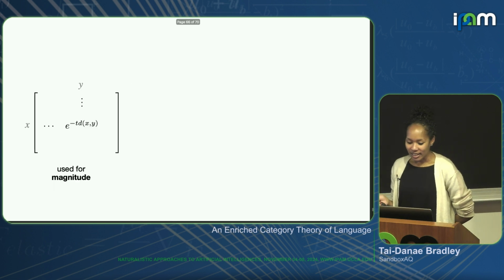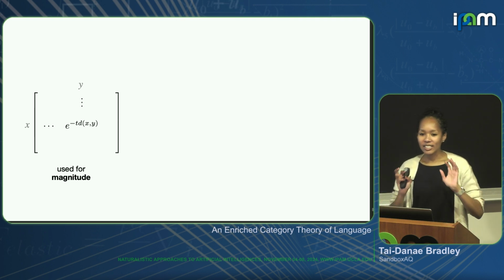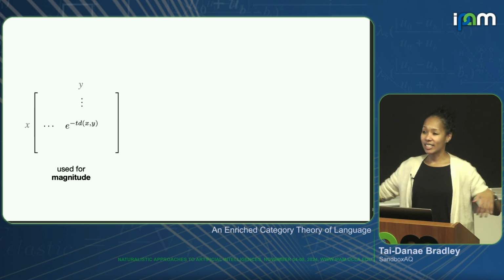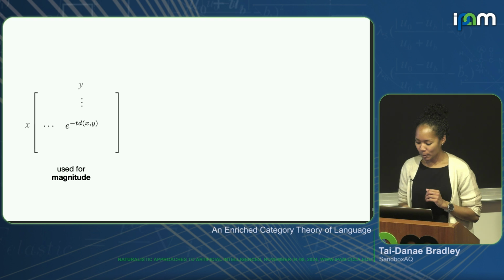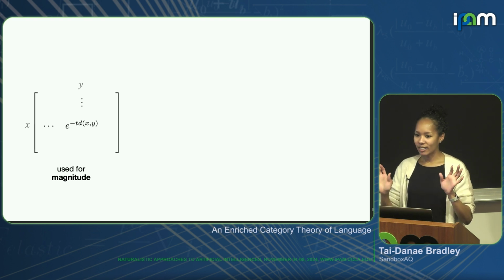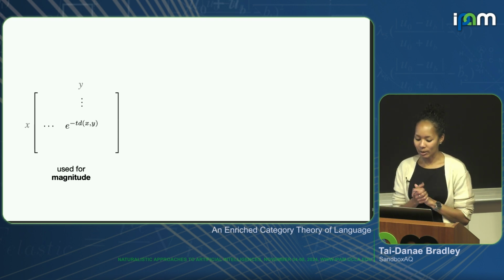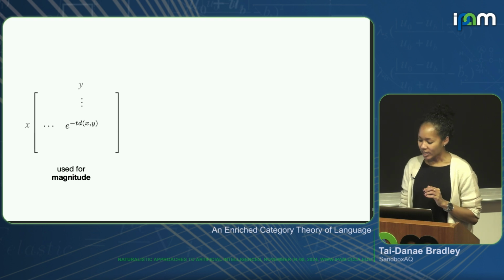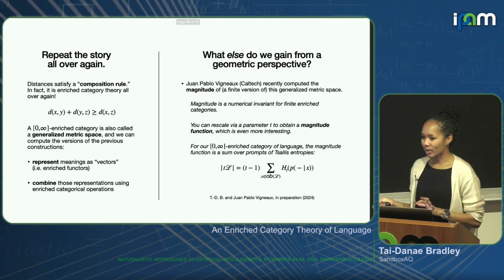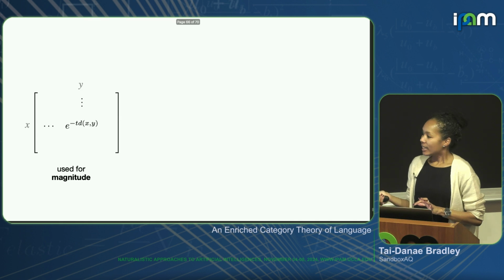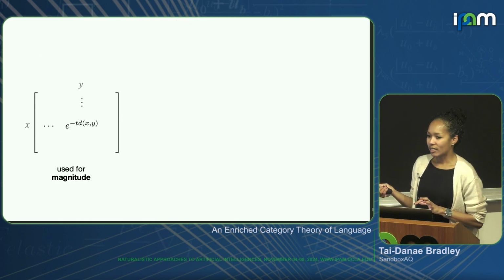And then I think the last thing I'll say in the array of things that come out from this perspective, I'll conclude by bringing us in the following way. To compute this magnitude function, it's actually quite simple. Consider a matrix indexed by your strings. Now, the xy entry is the exponential of the distance between x and y, with a t there, negative exponential.